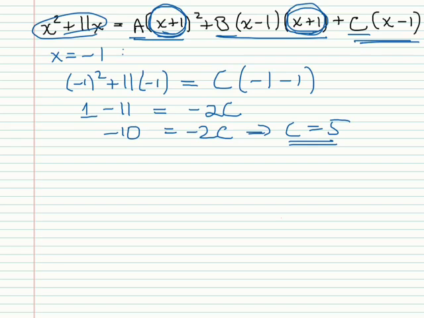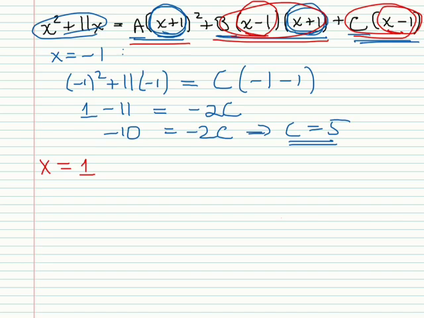Now, we said we can zero out terms by plugging in x equals 1. That's going to zero out the b term, and because of this x minus 1 term here, that's going to zero out this whole term. So if we plug in x equals positive 1, that should actually let us solve for a. On the left-hand side, we get 1 squared plus 11 times 1.